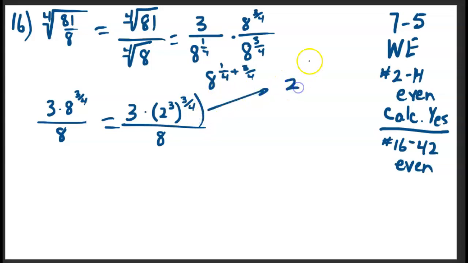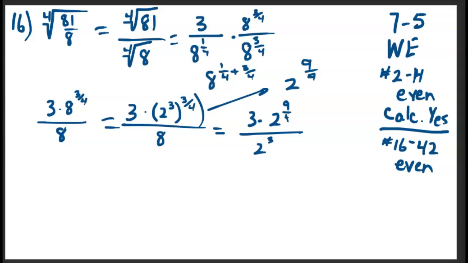We can multiply that and get 2 to the 9/4, right? Well, let me do this. 3 times 2 to the 9/4 over 2 cubed. I'm going to change my 8 in the basement to 2 cubed.